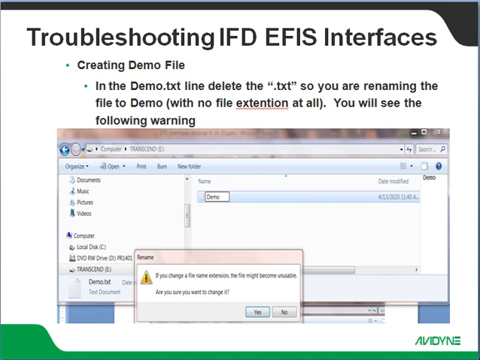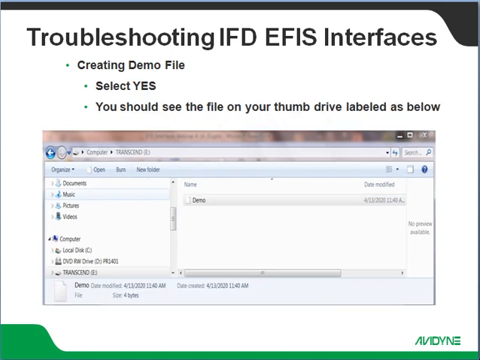It's not going to let you open it with your Windows computer, and it's even going to give you this warning that pops up. It says, if you change the file extension, it might make it unusable. Well, it will make it unusable for Windows. However, that's how it needs to be for the IFD. So once you get to that point, select yes. You still want to change it so that the file just says demo, no file extension.